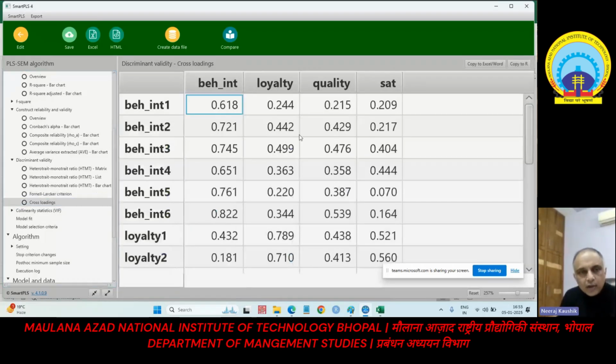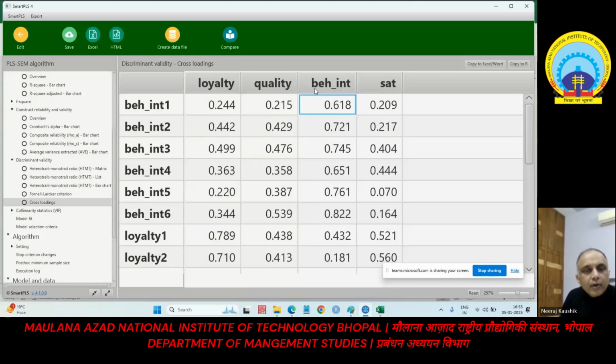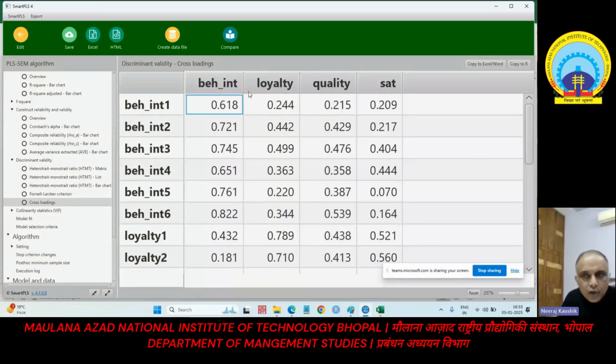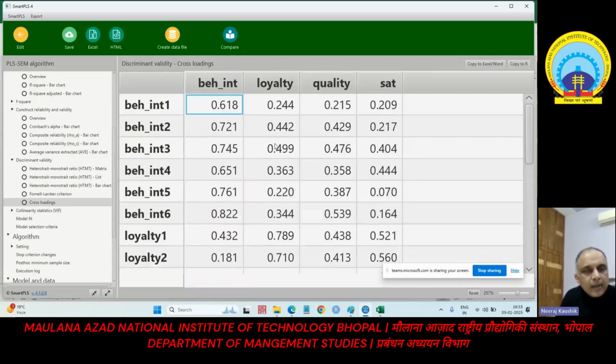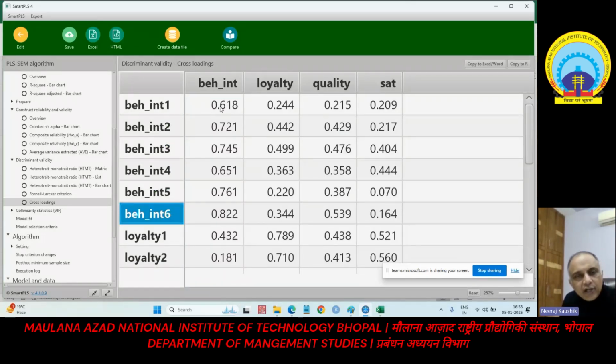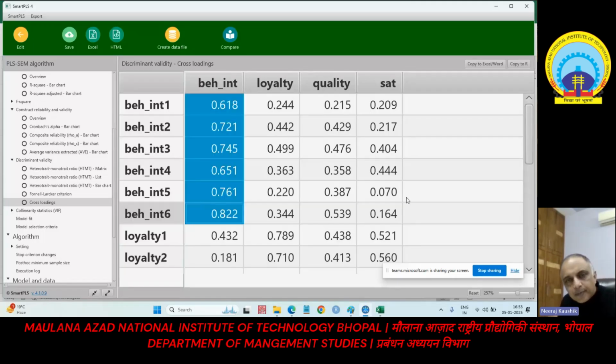What is cross-loading? Compute the coefficient of correlation of every item with every statement. What does the rule say? A kid should have a high correlation with its own parent, higher than with the other parent, and the parent should have a high correlation with its own kids rather than other kids.